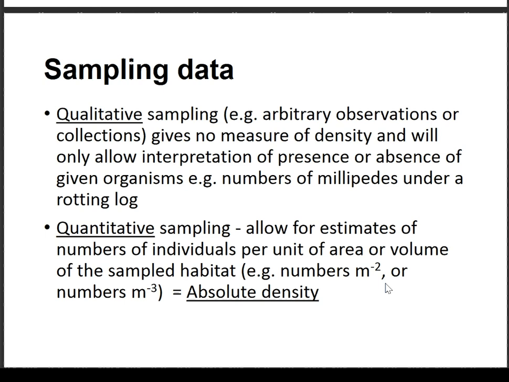You just go to the sample point, look around, and write down all the species that you see in that particular area. Okay? With quantitative sampling, you would probably take 2, 3, 4, up to 10 times more time taking the sample because you're actually counting the number of individuals.